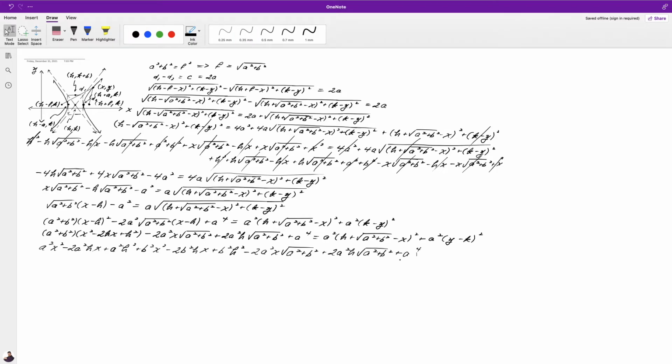There's your left-hand side. Let's check that left-hand side before we proceed to expand the right-hand side. Very carefully checking over everything here.